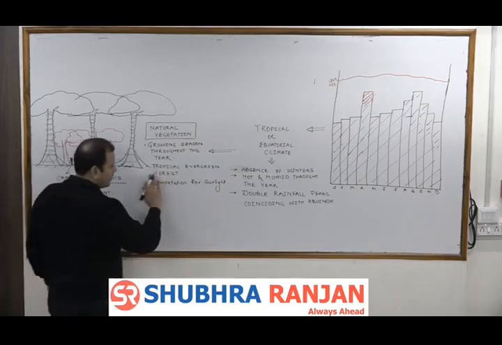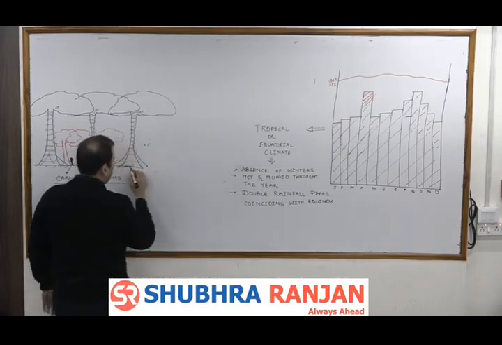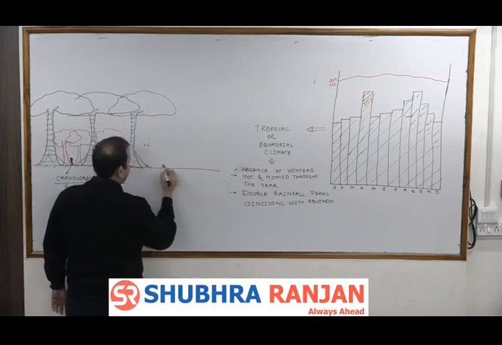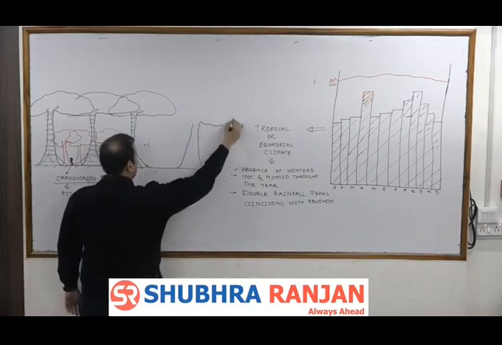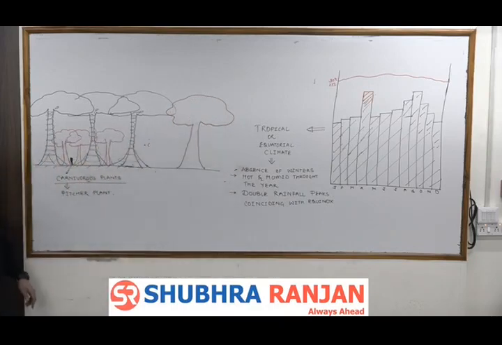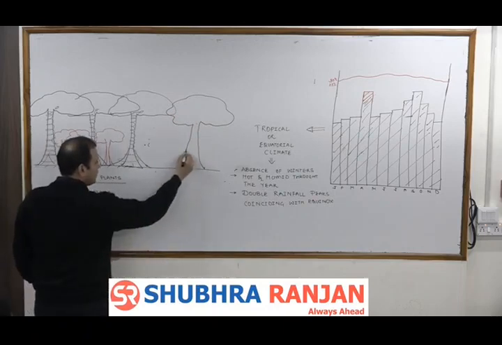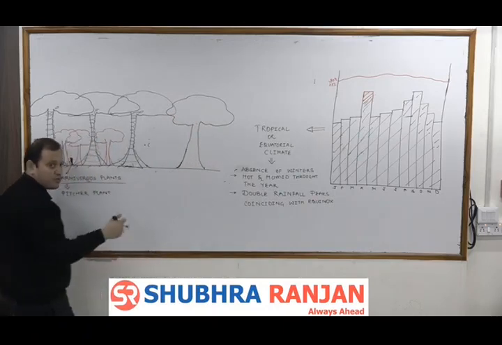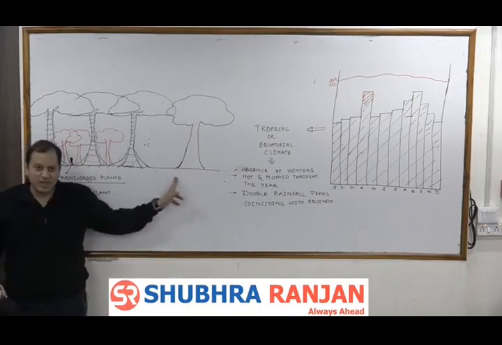Can I rub this part? Will there be too much of water here on the ground? Yes. So because there is too much of water on the ground, the root system the trees generally have false root systems. False root means andar jaake, because this ground is anaerobic.